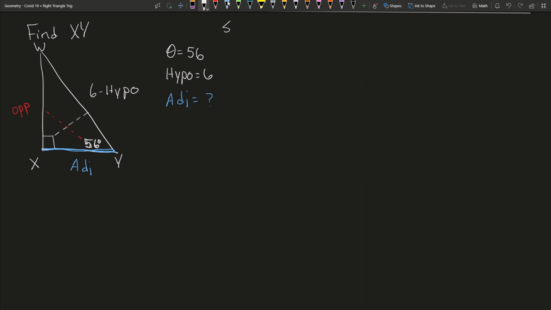So from SOHCAHTOA, we have the hypotenuse and we need the adjacent, so we want to use cosine. Cosine of our angle is equal to adjacent over hypotenuse.